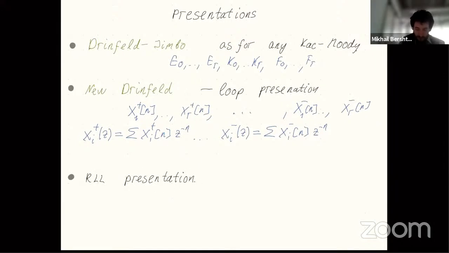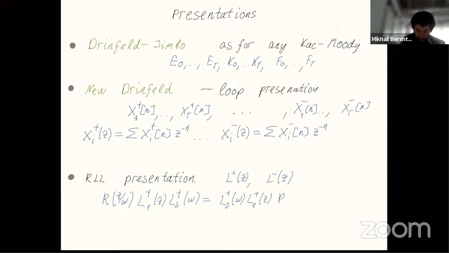And it says that we have matrices L plus of Z, L minus of Z, and relations of the form R of Z over W, L1 plus of Z, L2 plus of W is equal to, and relations like this.